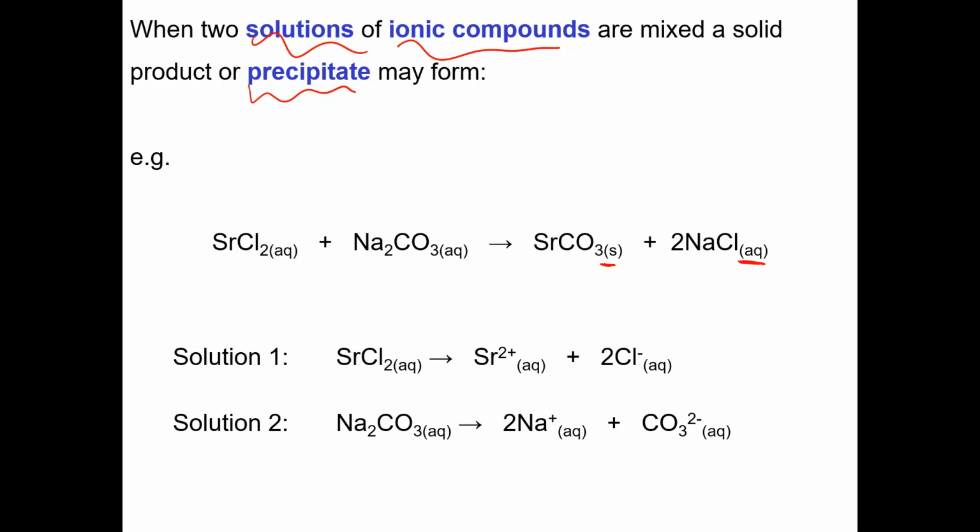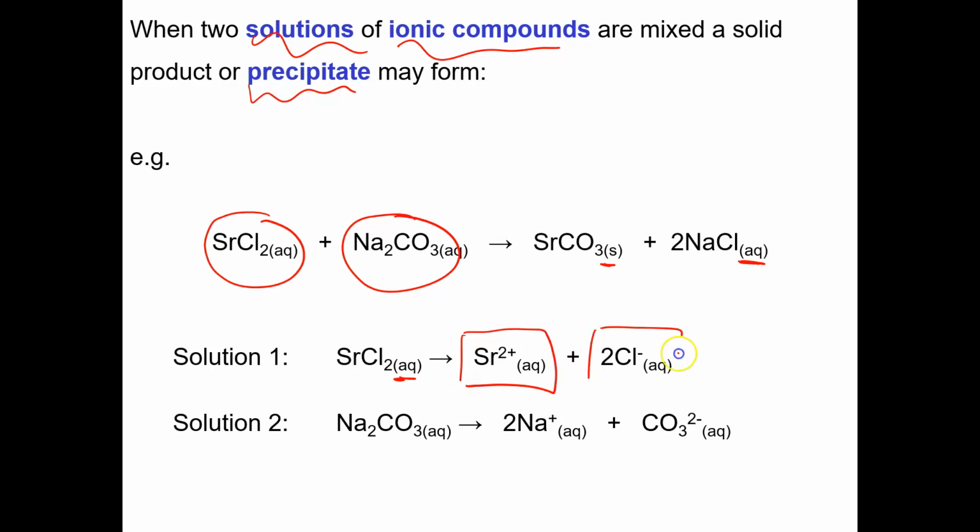So how could we predict this result? So we have two solutions that we're combining. Solution 1 is a strontium chloride solution, and solution 2 is a sodium carbonate solution. We know that in an aqueous solution of an ionic compound, it will dissociate to form its component ions.